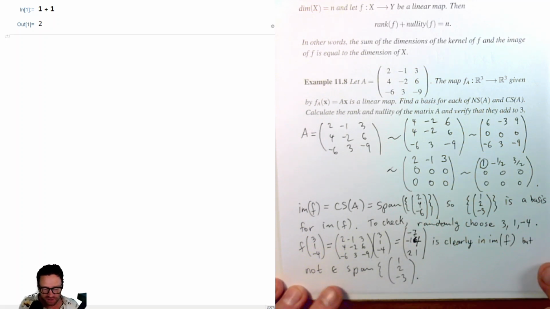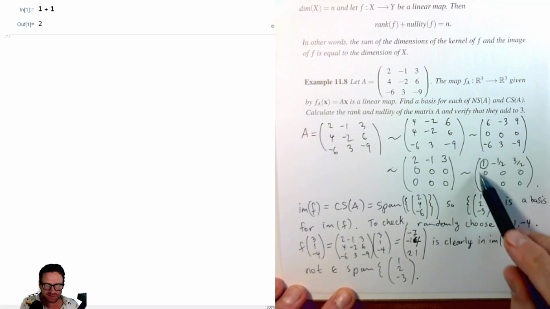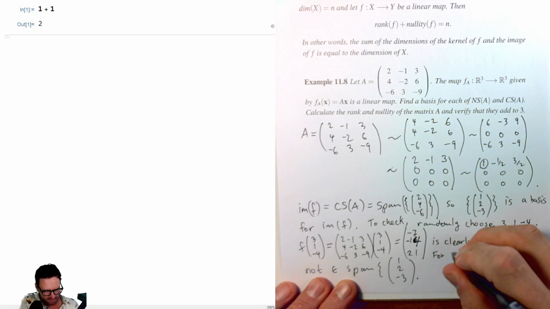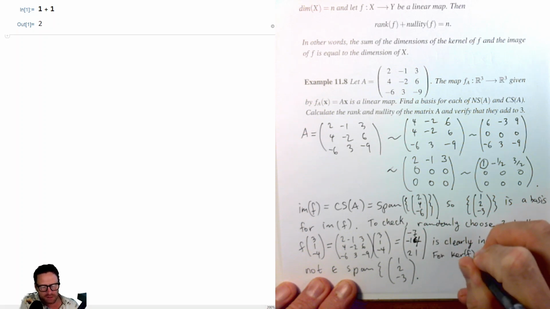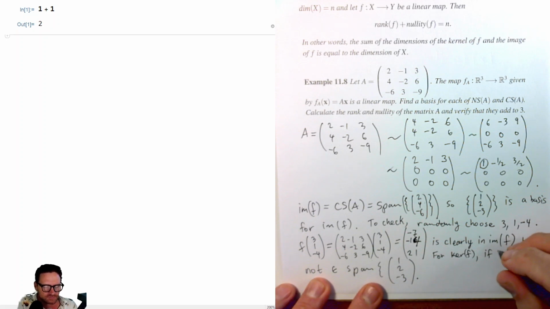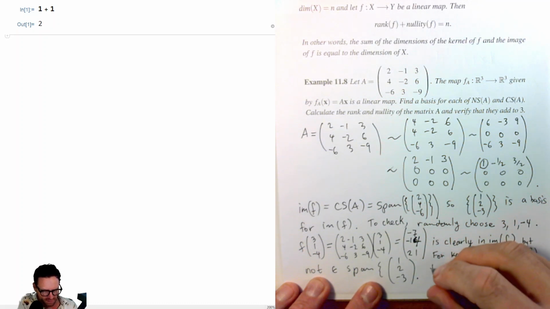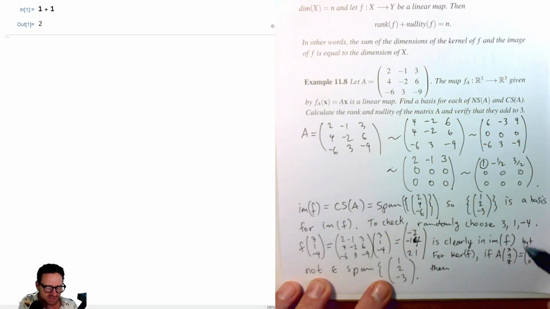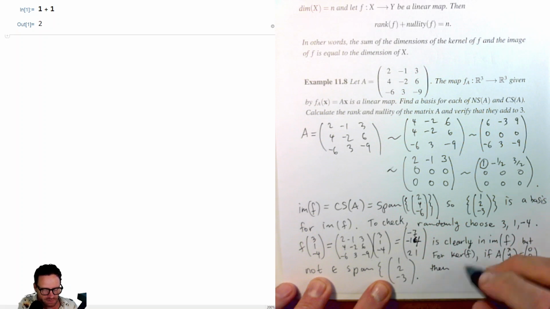Okay, so now for the kernel, and so we can just look at the row-reduced echelon form for the kernel. If A times (x, y, z) is the zero vector, then it's the case for the row-reduced echelon form times (x, y, z) also.